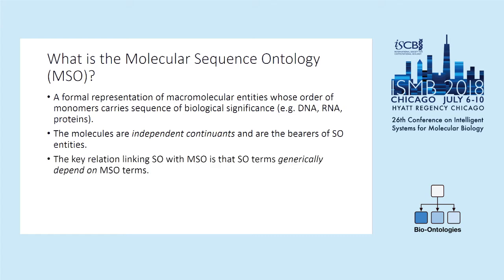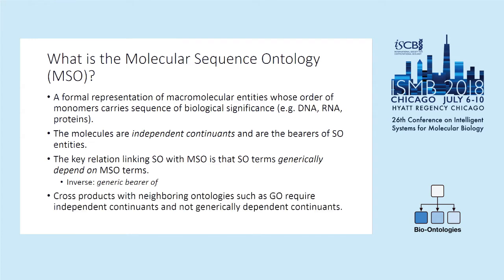This relation, or property, that's going to be used in the Web Ontology Language, or OWL, and from now on I'll just be assuming familiarity with the terminology of OWL, linking the MSO with the SO is the generically depends on relation, a relation that's defined by the BFO standard. So a sequence ontology entity generically depends on an MSO entity, and the inverse of that is that an MSO entity is a generic bearer of an SO entity.